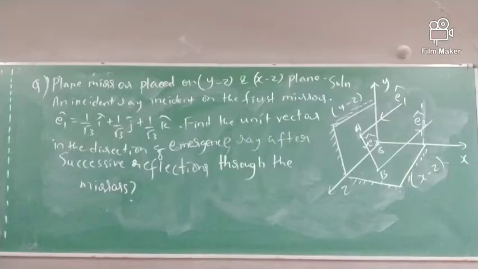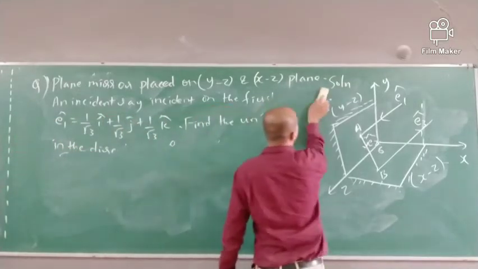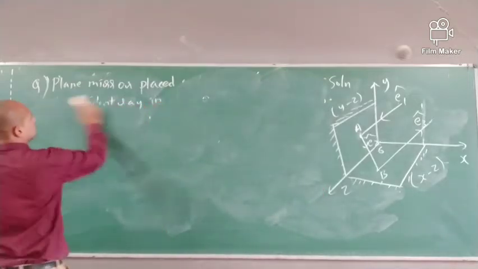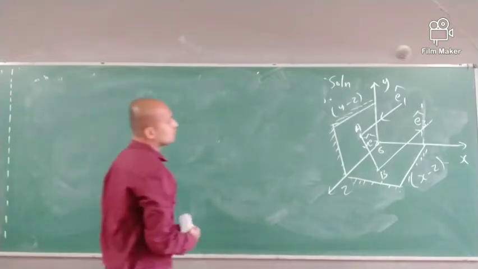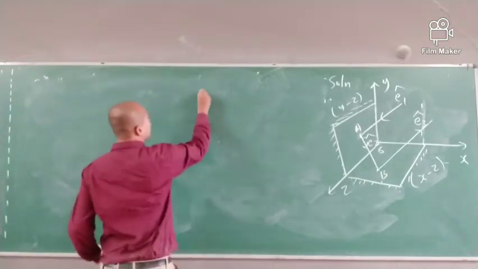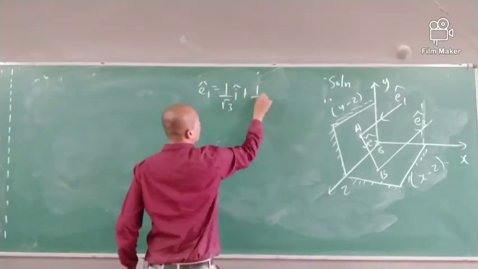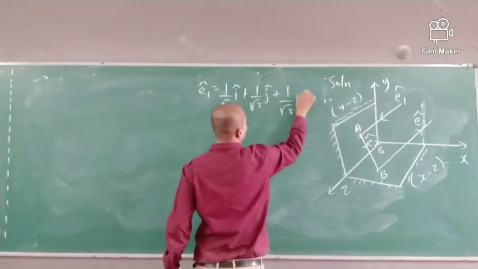I am going to run the question. Here, what is E1 cap? E1 cap is 1 by root 3 I cap, 1 by root 3 J cap, 1 by root 3 K cap. Got it?